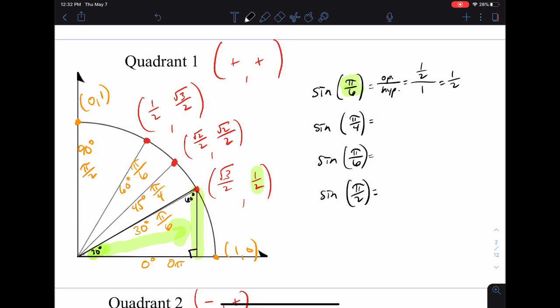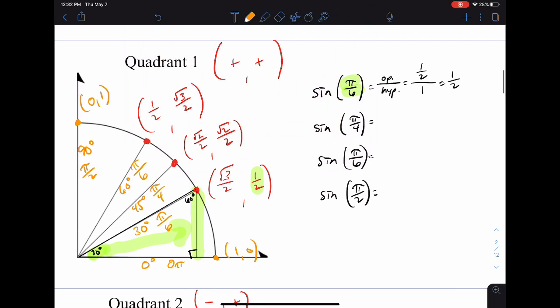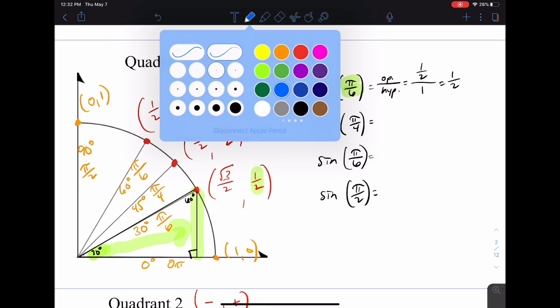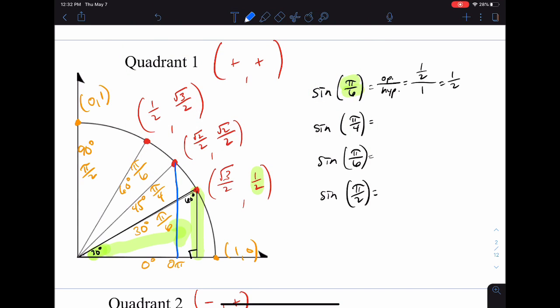For pi over 4, you have this triangle here. Let me change colors. That's probably not the best color. This triangle here for pi over 4, or 45 degrees: this was 45 degrees, this was 45 degrees, and then you have your 90. Let's say you were finding sine of that.